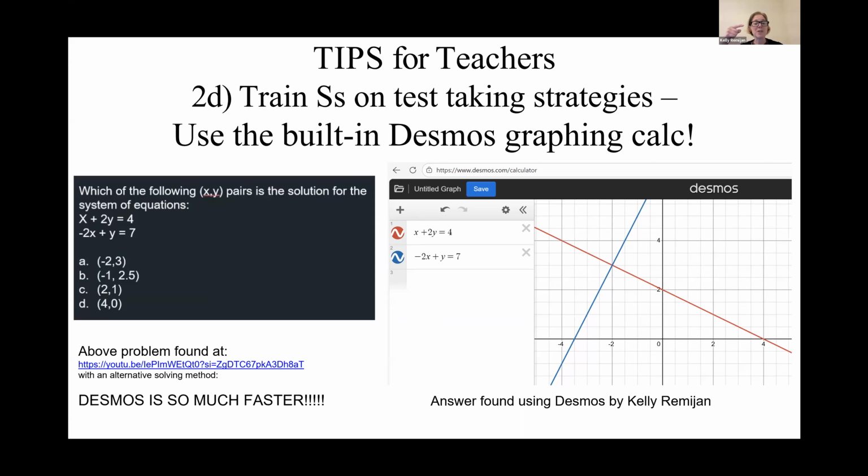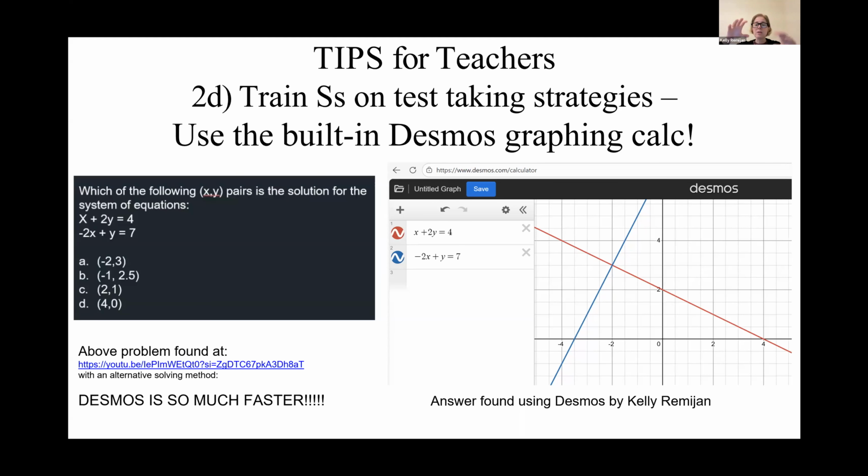The one thing they do have to understand is the answer, the solution is where those two lines intersect. That's where they have to understand that. And if the two lines don't intersect, then that would mean that it's no solution because they're parallel. The other thing is being able to zoom in or out because those lines might be intersecting at a point that's not visible on that screen.